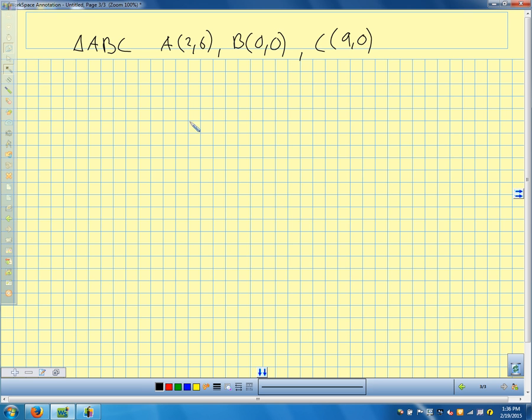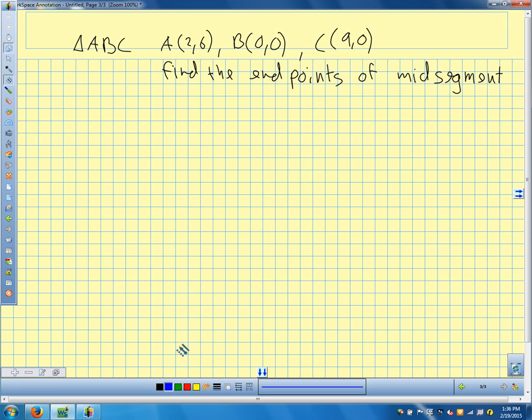All right, we want to find the endpoints of the mid-segment. So let's sketch a graph here with my axes. So we have point B here at 0,0.